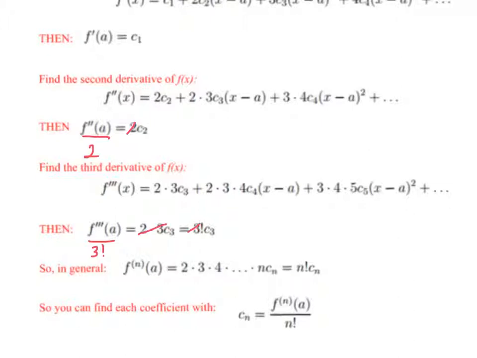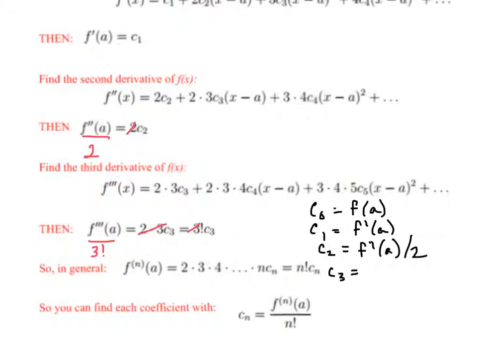Okay, so the first constant, let's just go back here. That very first constant was the function's value at a. The second constant was the derivative's value at a. The next constant was the second derivative's value at a, but divided by 2. And the next constant's value was the third derivative's value at a, divided by 3 factorial. Now, 2 is the same as 2 factorial. And as I said, you see this pattern.